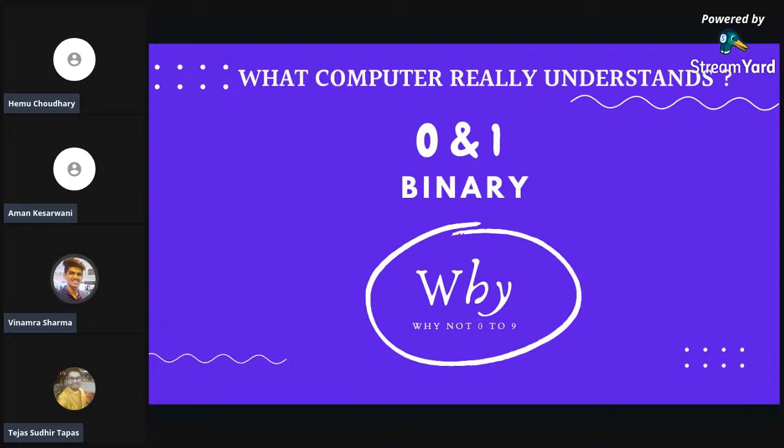Even that is converted into binary and then processed. But now we know that computer only uses binary. So I guess it's a pretty obvious question for everyone to think: why just 0 and 1?